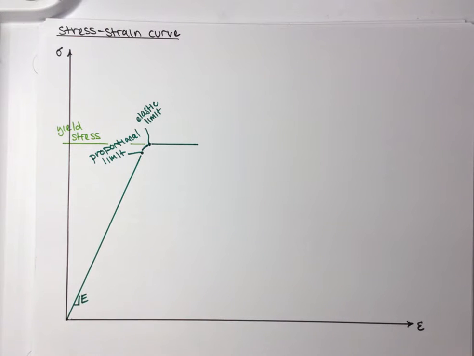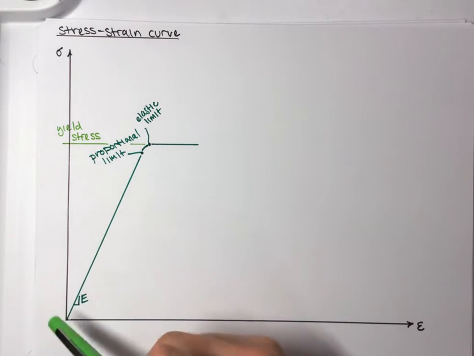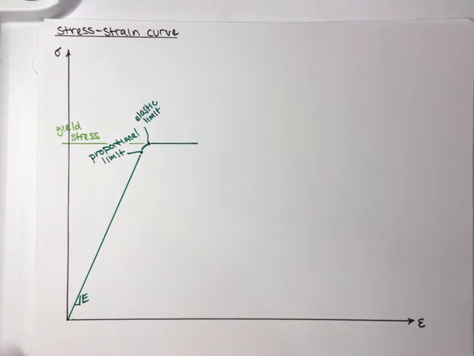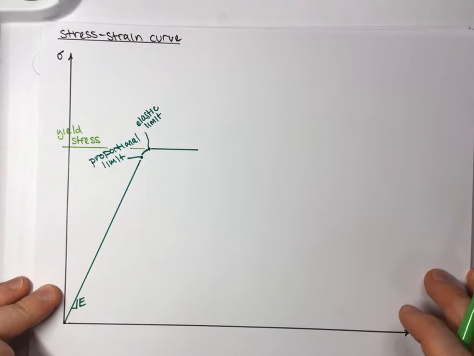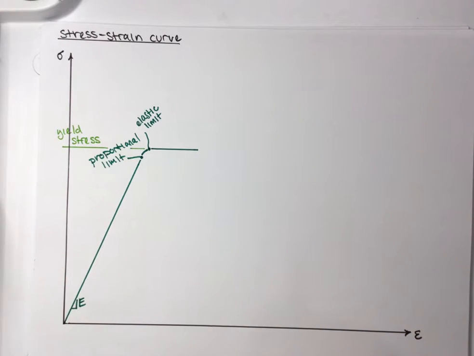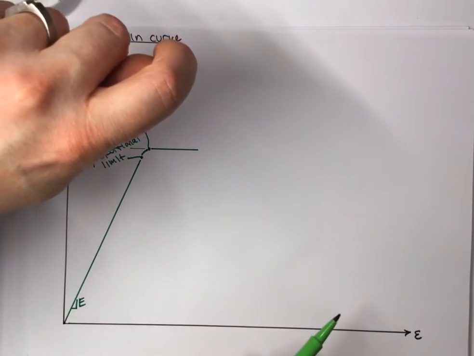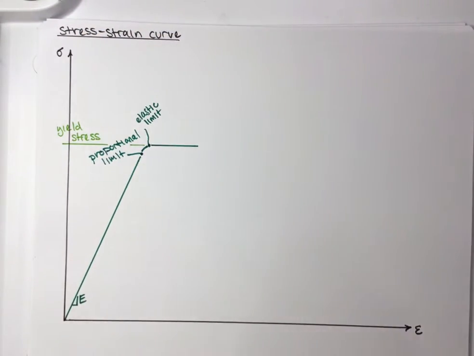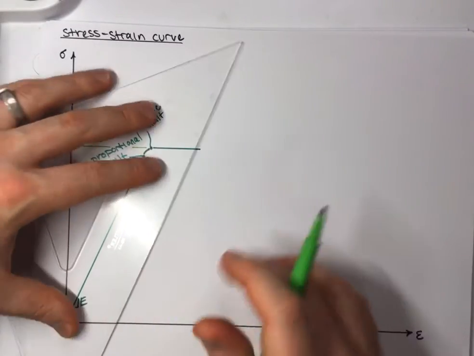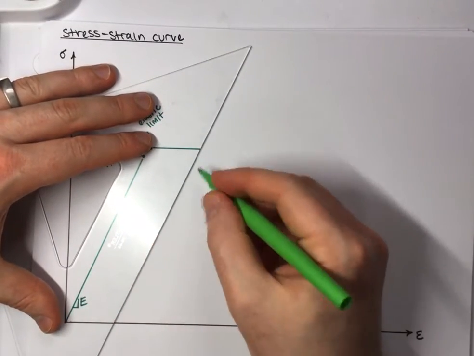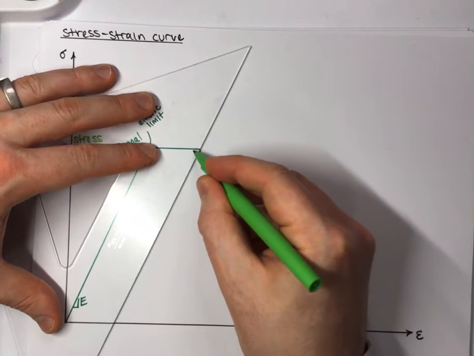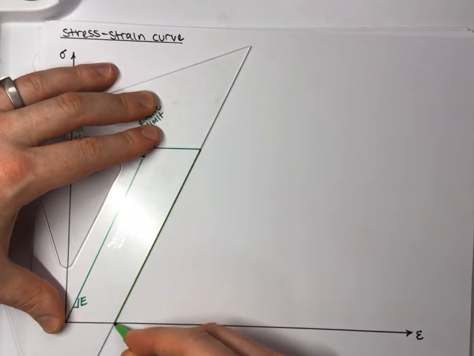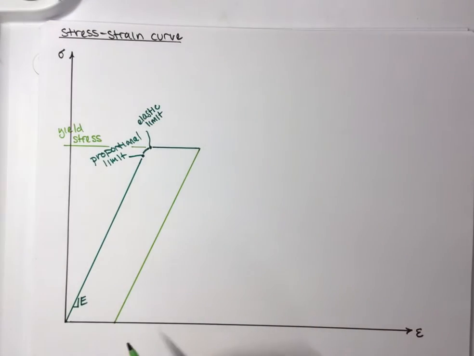Let's first imagine that we unload our specimen. So we come all the way up past the proportional limit, past the elastic limit. We come up to this point here, and now we decide that we want to let go of our specimen. So we now reverse our machine and we drop the strain down this way. What you're going to find out, and I'll see if I can draw this as best as I can, is that instead of going back this way and back down to the origin, you're going to come down this light green line down to this point here.